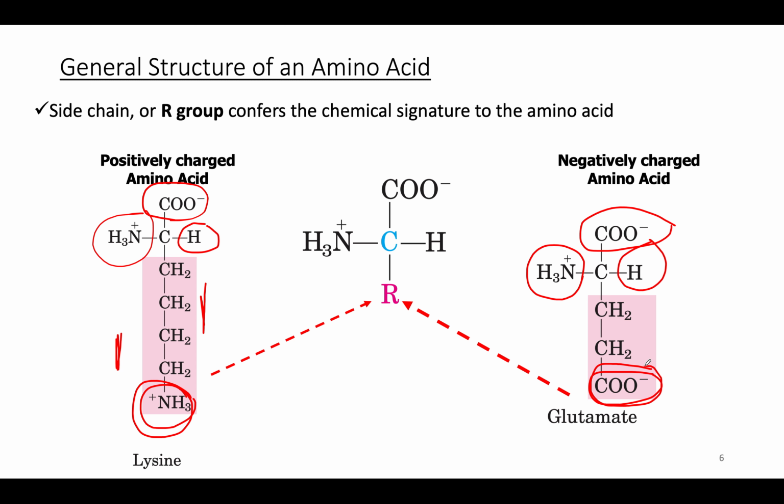You may be thinking why I'm focusing so much on the side chain. During the assessment, when we ask you a specific question, the question is always related to the side chain. We generally do not focus on the other three chemical moieties whenever we ask a question during an exam.